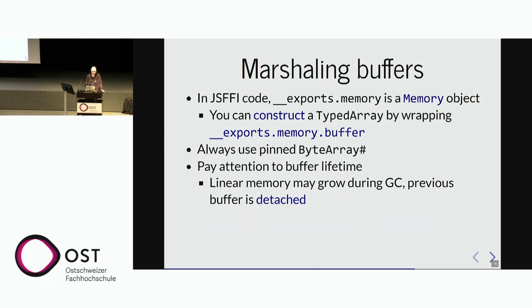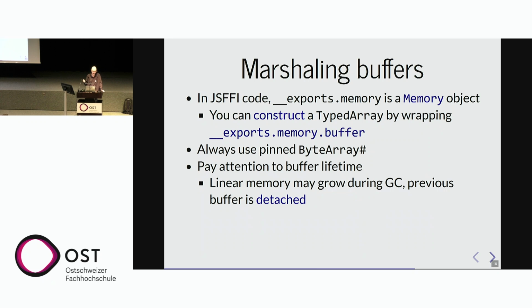And the way that WebAssembly linear memory works is that when the linear memory grows, the previous array buffer that represents the previous memory state is detached. So if you do things like wrapping a linear memory buffer as a JavaScript typed array, you pass that typed array to somewhere else without immediately consuming it, like passing it in a global JavaScript data structure.